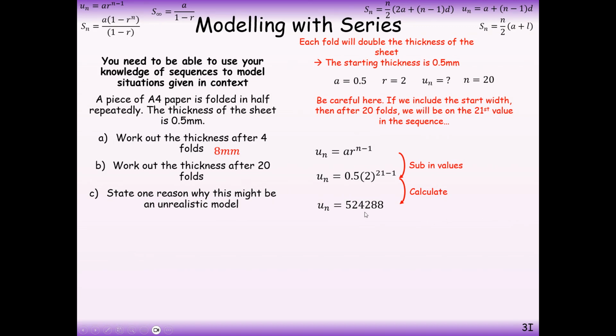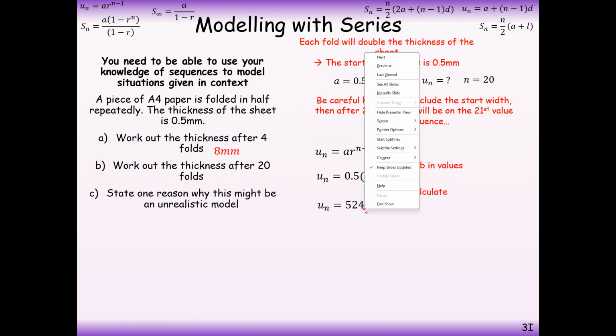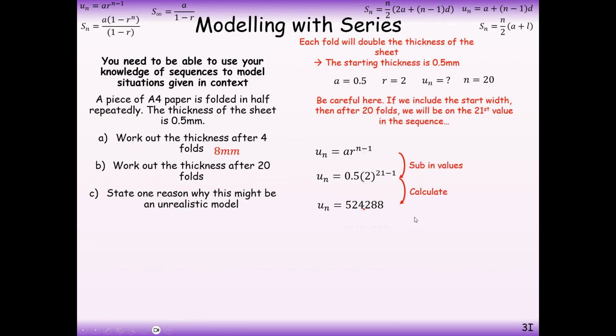Now, this is measurement of the thickness of paper in millimeters. That means every 1,000 millimeters is a meter. So this is actually in meters 524 meters. So now we can understand why the question is asking is it unrealistic or not.